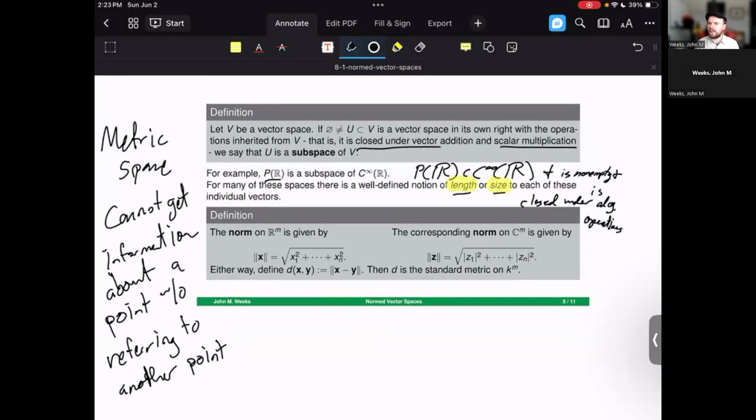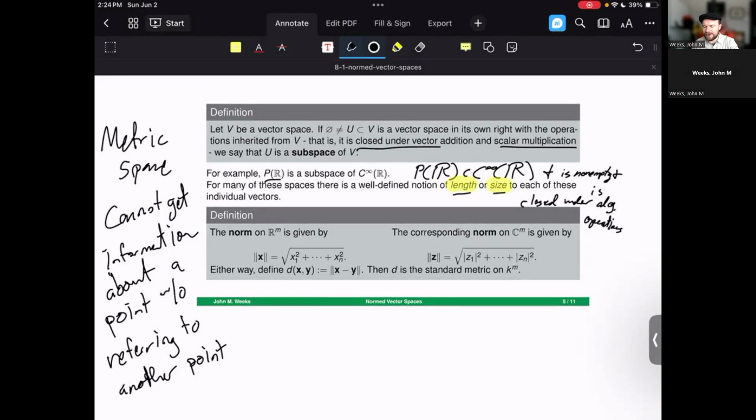A way to think of that in terms of distance is to ask how far it is away from zero, because as we'll see, the zero vector is going to be the only vector that is allowed to have zero as a norm. Everything else has to have some sort of non-zero norm to it. So it's asking about how far away we are from zero.